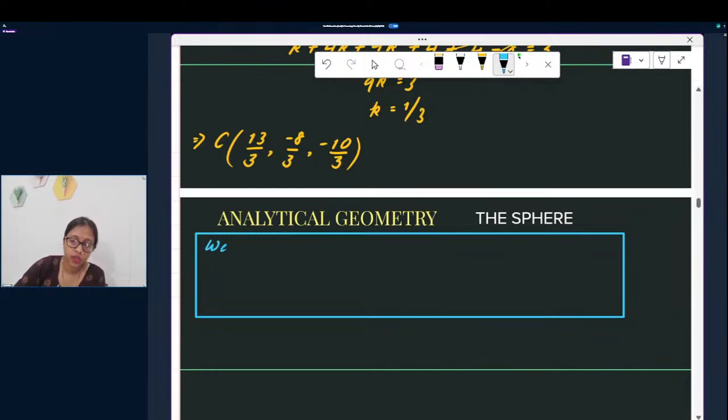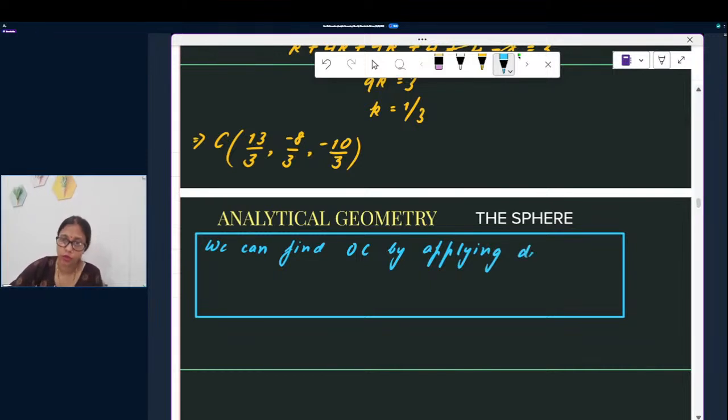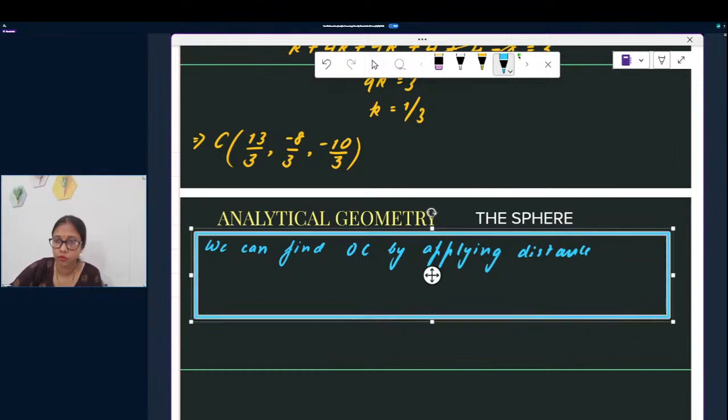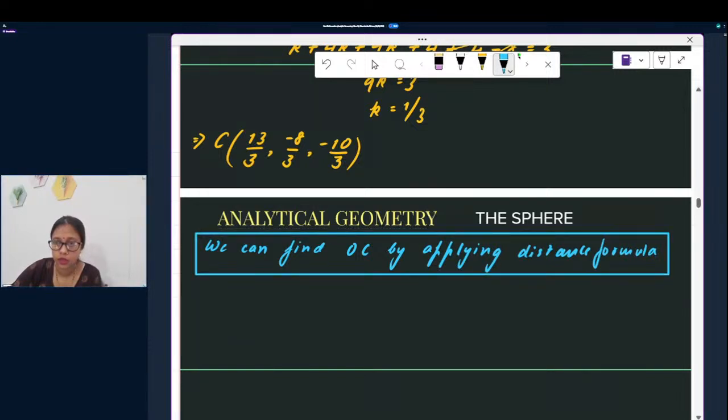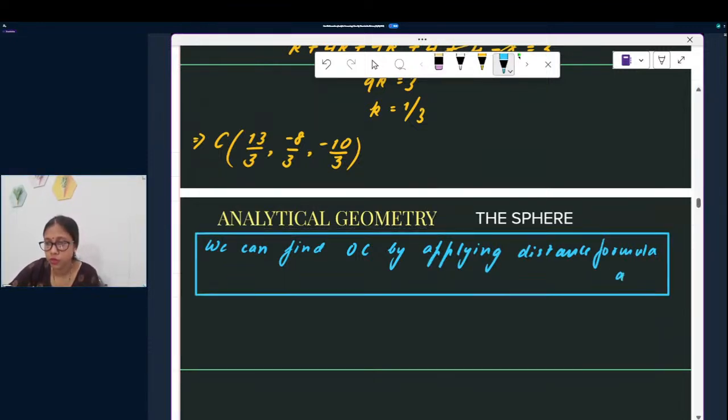We can find OC by applying the distance formula, but let me show you one more way, which is finding the perpendicular distance.